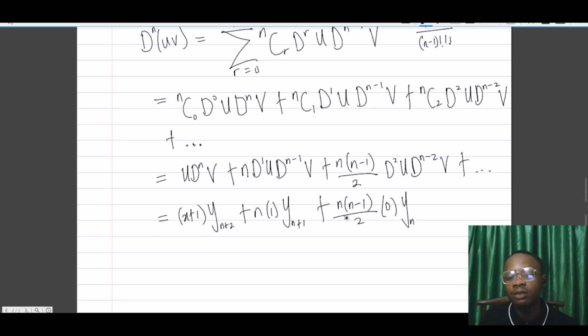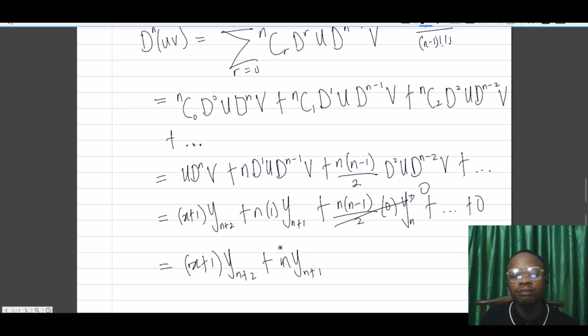That will be n minus 2 plus 2, that is n, and then plus so on and so forth, then plus 0. We know that this will vanish to 0. So the only thing we have left is basically this, x plus 1 into y sub n plus 2, then plus n into y sub n plus 1.